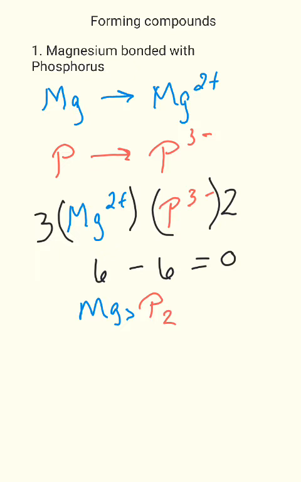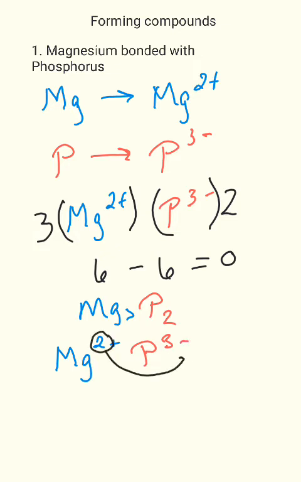Yes? Now, the other way you can do it is if you have magnesium. Sorry, let me erase that. If you have magnesium at a 2+, and you have phosphorus at a 3-, then you just got to do the fish.